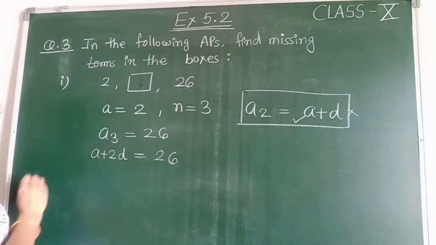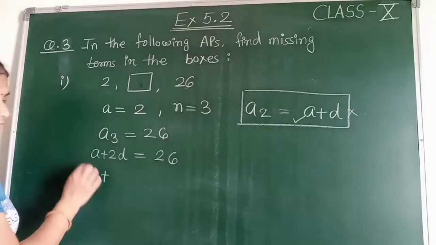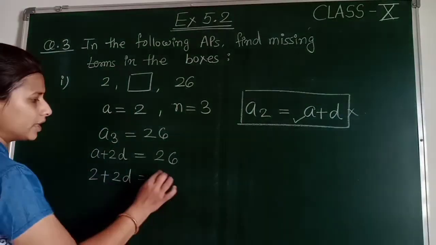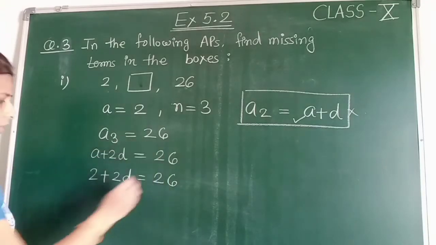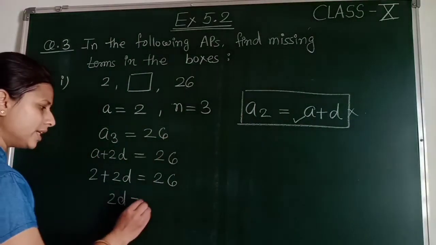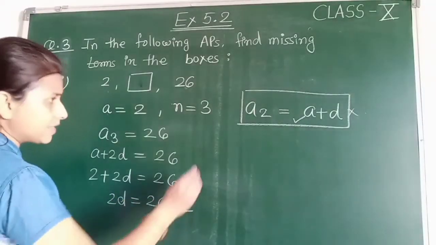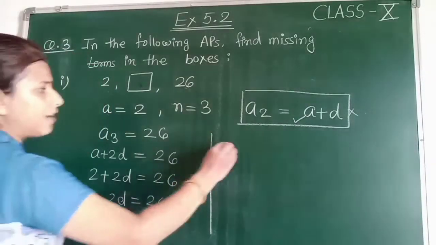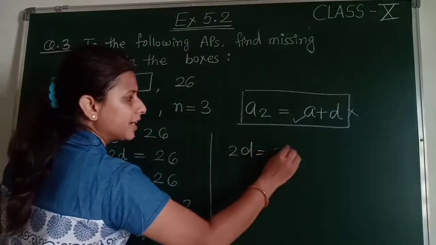It is given that the value of A is 2. So we can substitute in place of A: 2 plus 2D equals 26. Then we will shift this 2 from the left hand side to the right hand side, and we will get 2D equals 26 minus 2. Then we will subtract, and we will get 24.